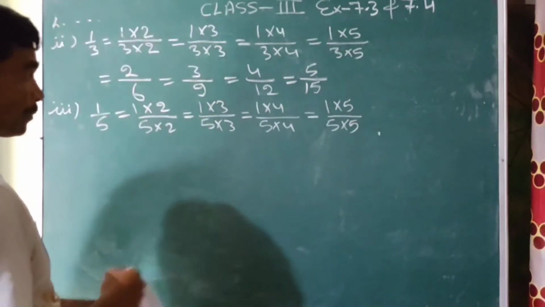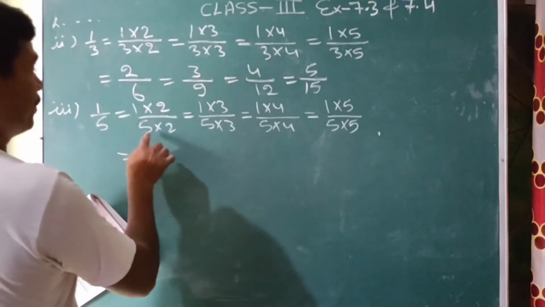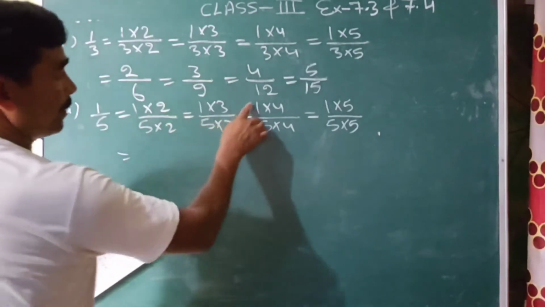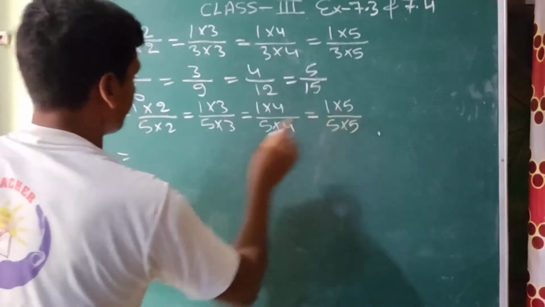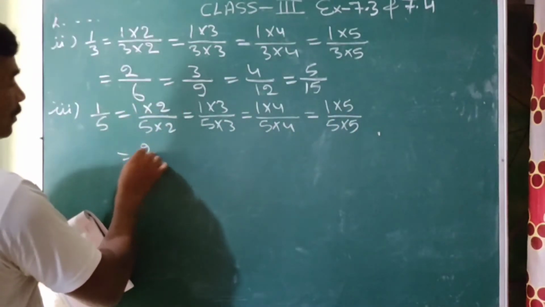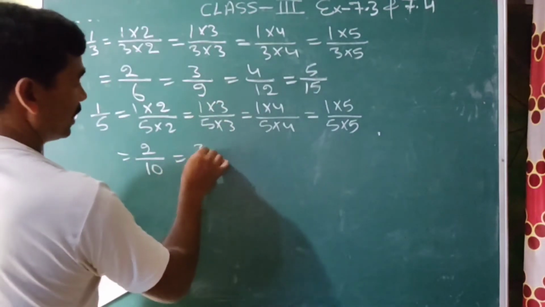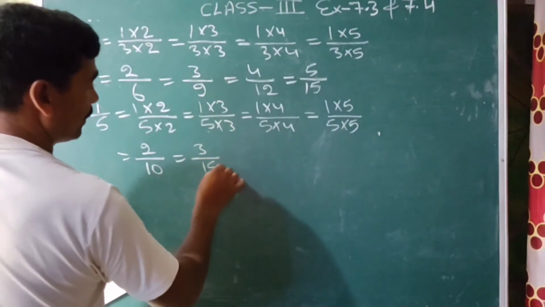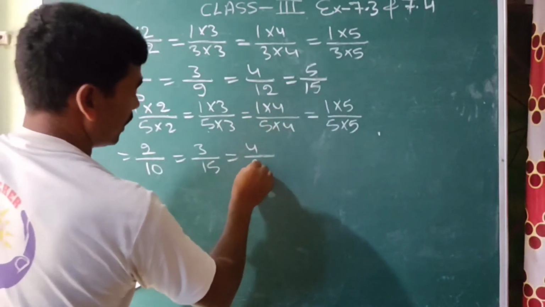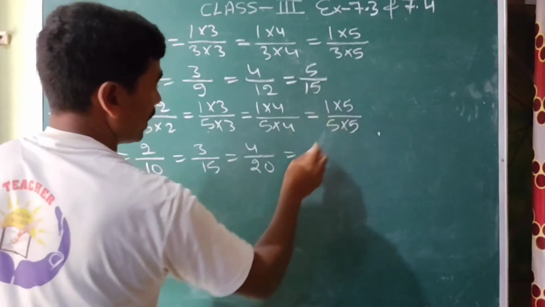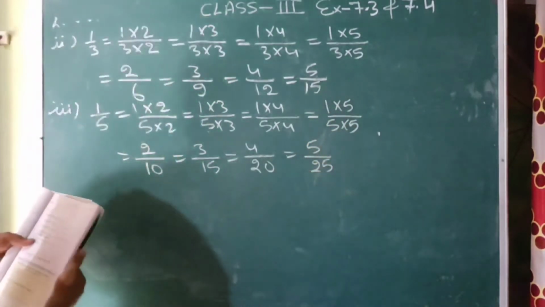So that will be similarly 1 upon 5, and 2 2, 3 3, 4 4, 5 5. So 2 1 ja 2 upon 5 2 ja 10, 3 1 ja 3 upon 5 3 ja 15, 4 1 ja 4 upon 5 4 ja 20, 5 1 ja 5 upon 5 5 ja 25.